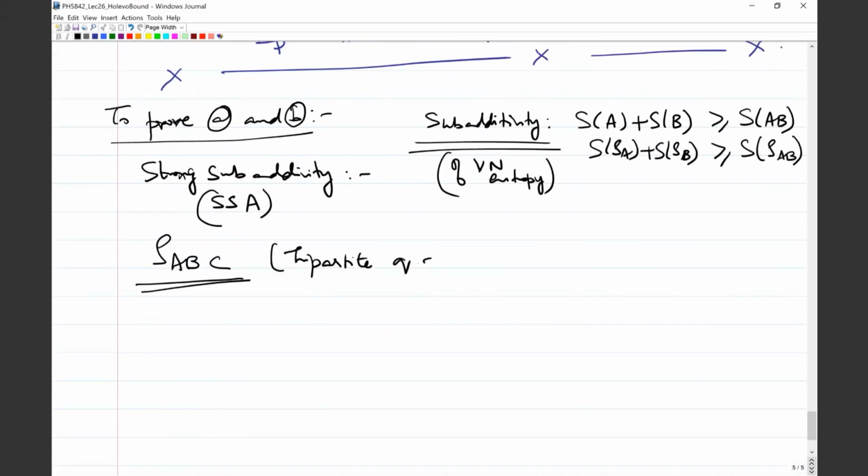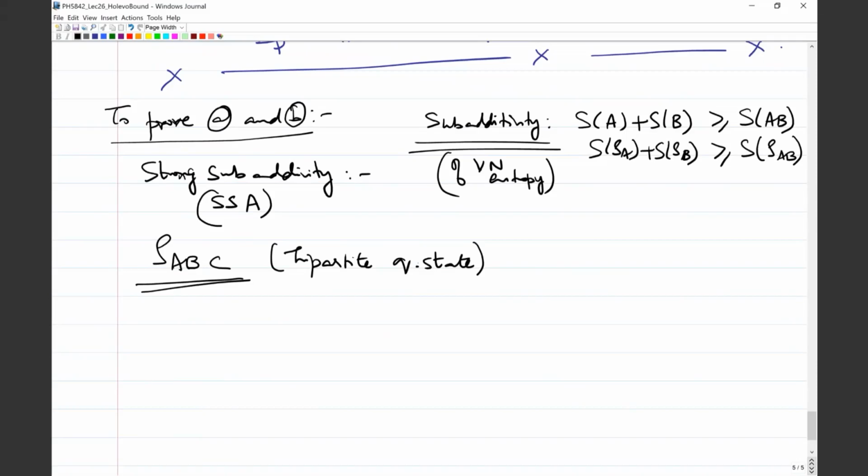And of course, it could be correlated in very many ways. It could be correlated across just the A cut. So A could be correlated with B and C, but B could be in a product state with respect to C, or it could be correlated across every cut, which means there is entanglement across AB, BC, and AC. Or it could be a product state, some rho A tensor rho B tensor rho C, etc. So what the strong subadditivity tells you is how these different entropies are constrained in a tripartite state, right?